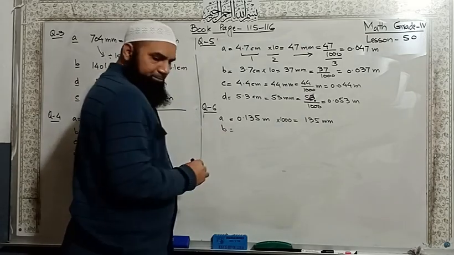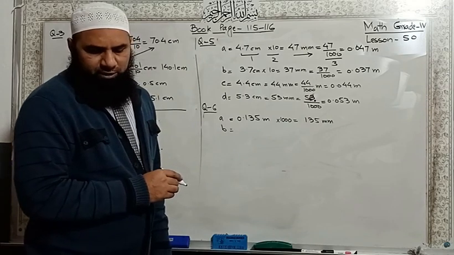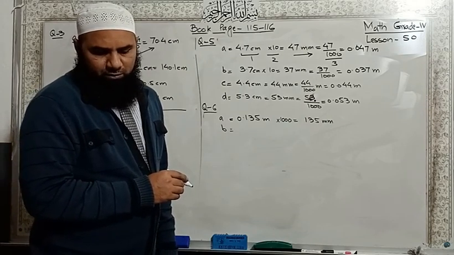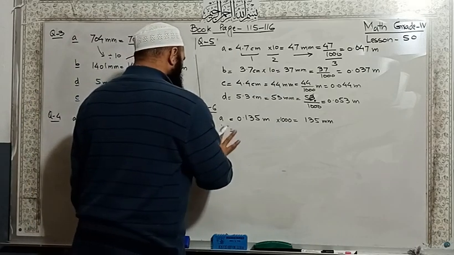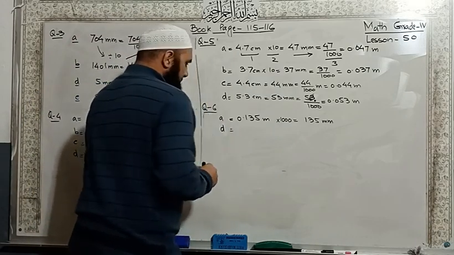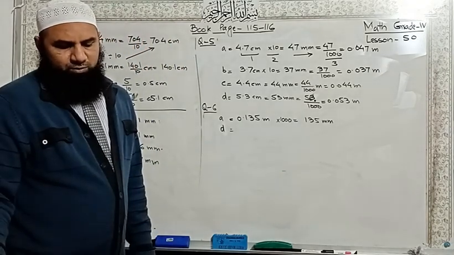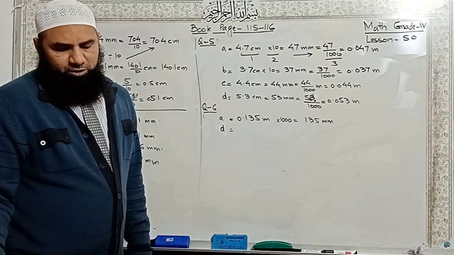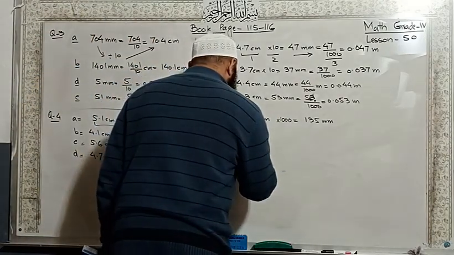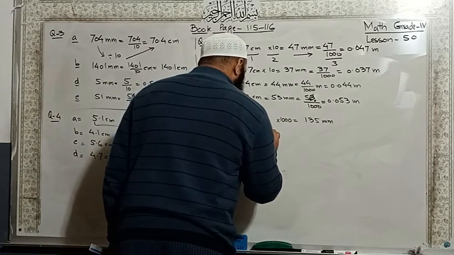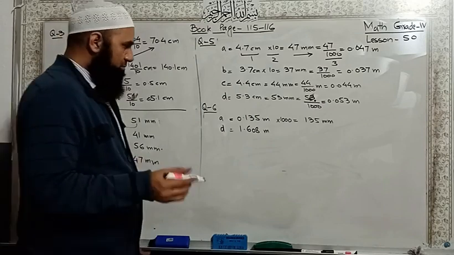Question number B is the same, 0.123. I am doing question number D for you. Question number B you will do. Question number C is the same, you will do. And see question number D, 1.608. 1.608 meters will be equal to how many millimeters?